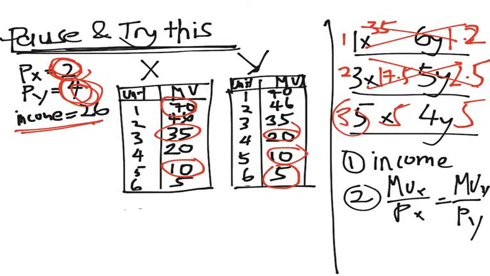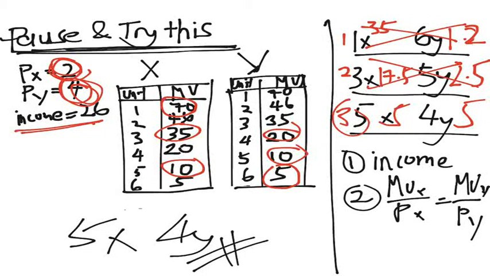So the consumer maximizes satisfaction when he consumes 5X and 4Y. You can check whether this is correct by adding up the total utility of each combination. You can check it out yourself at home. So this concludes our lesson for marginal utility theory. Thank you.